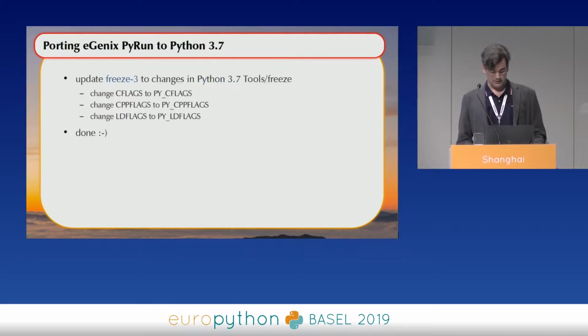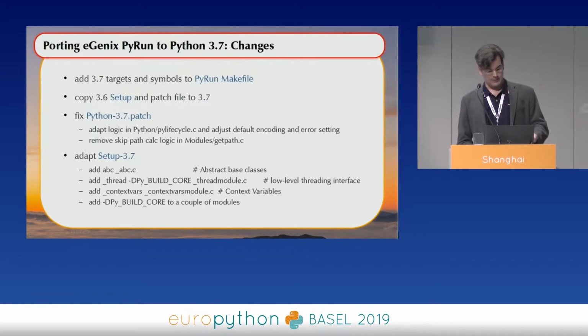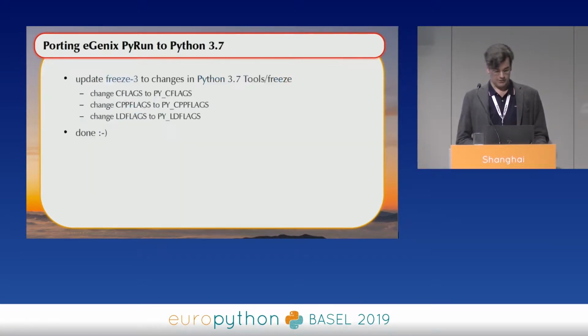You have to then adapt your setup a bit because new modules get added, of course. Others may need some tweaks in terms of definitions that you have to add. And then basically things just work. And then the freeze tool itself also sometimes needs some fixes because what I did, like I said, I had to tweak freeze to make it work with Python again.